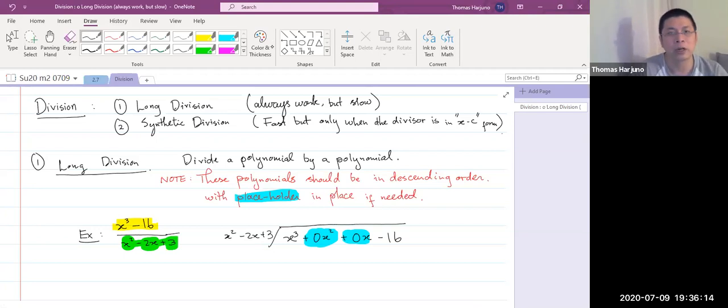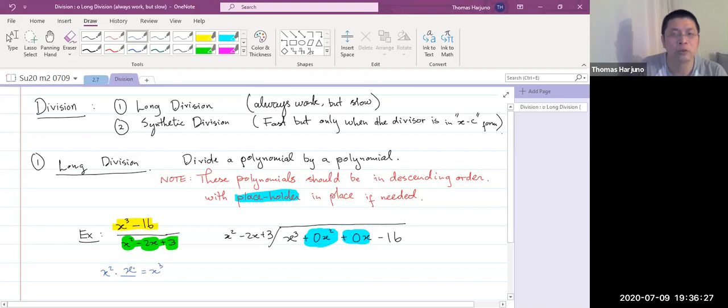Now then we will start. X squared times what gives me x cubed? I need x to make it x cubed. So I will put that x here according to the place value.